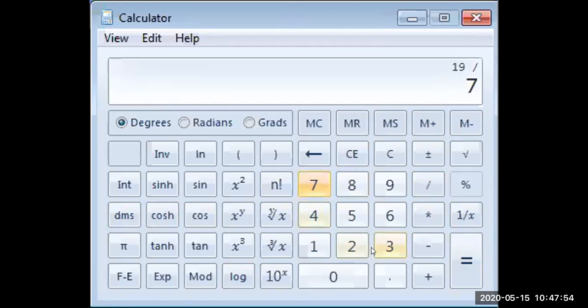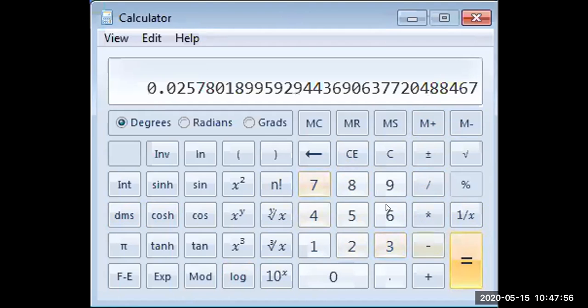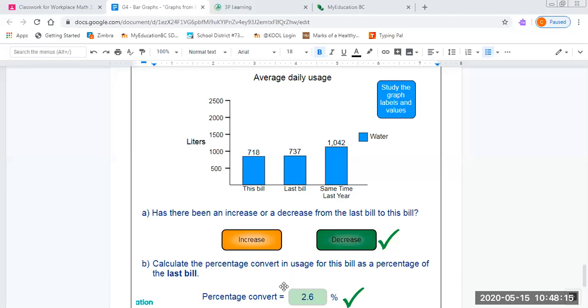So we're going to divide by 737. This is going to give me a very small decimal value, but then to convert this to a percentage, I need to multiply by 100. And so this is going to be 2.57, which rounded to one decimal would be 2.6%. And so that's why when I come back in here, this 2.6 value is correct. So hopefully that makes sense to you.